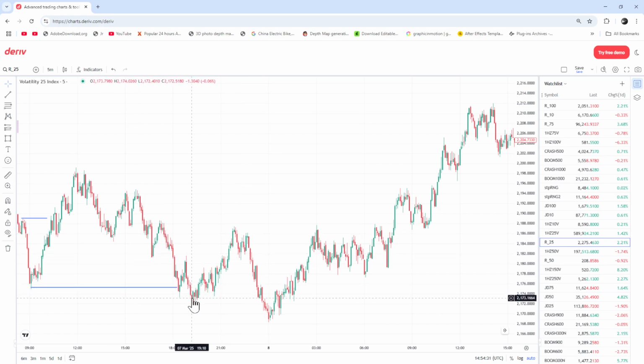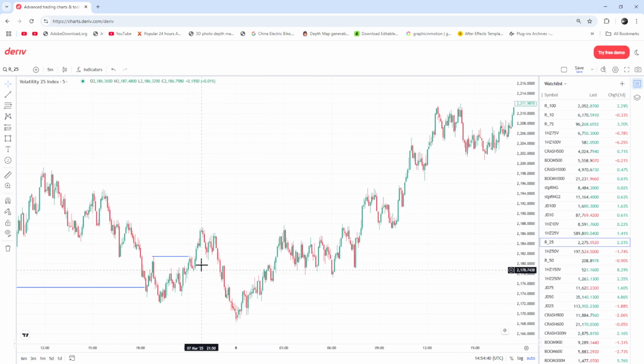After coming down here, the market pushed up, which broke the structure. Then the market came down again, and broke this structure here. Let me show you.